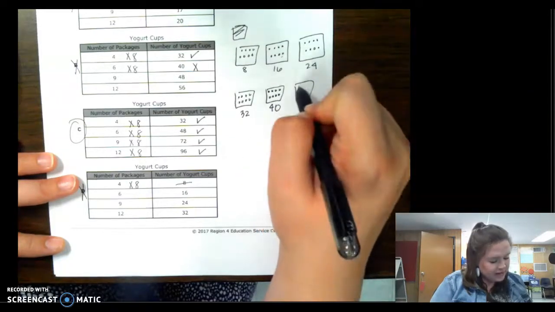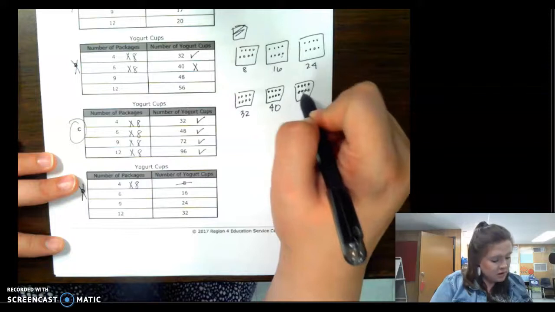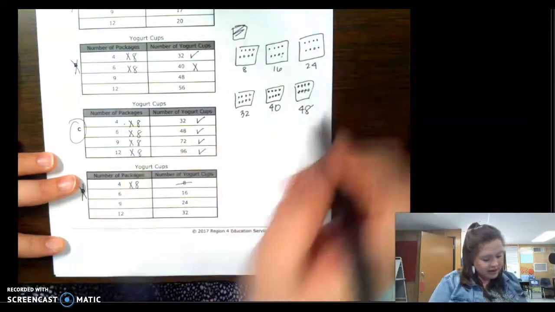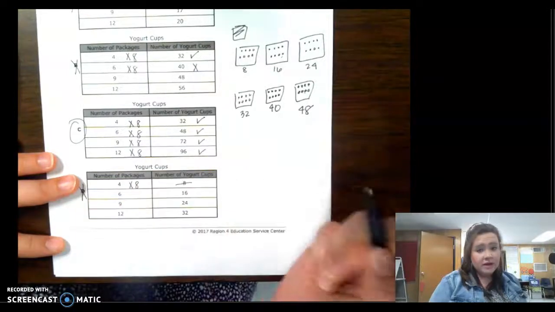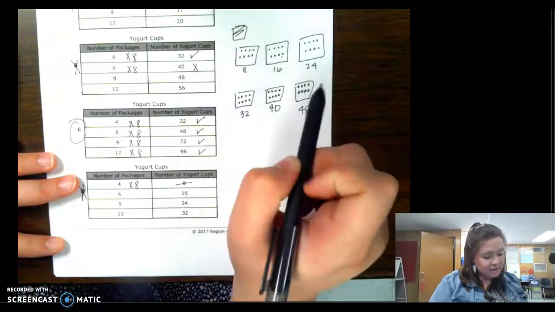And this would be 6 packages. 40, 41, 42, 43, 44, 45, 46, 47, 48. You could just keep on drawing your packages until you get to all of them. And you would just count. Each package has 8 cups of yummy yogurt.